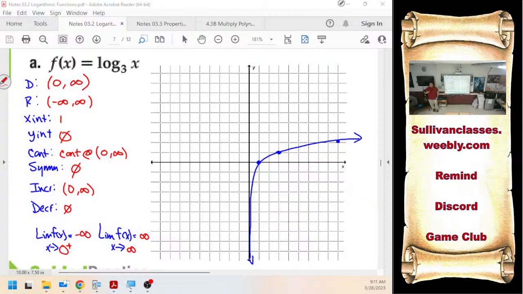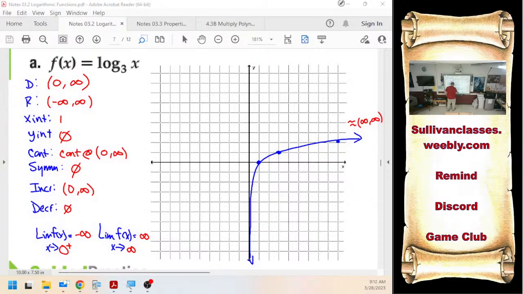And if you're not sure about how to do that, basically put a coordinate at both ends of your domain. This is approximately 0, negative infinity. This is approximately infinity, infinity. So that informs what your limit's going to be. As I approach 0, my limit is negative infinity. Okay?